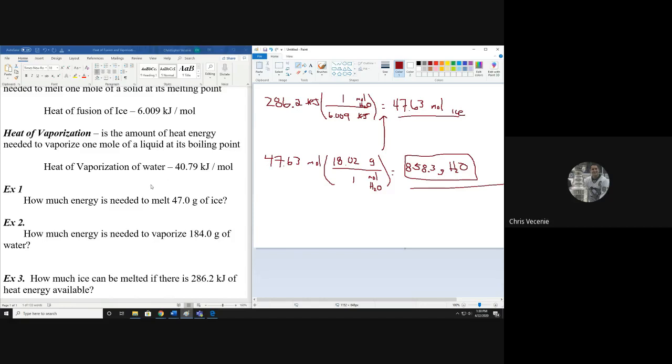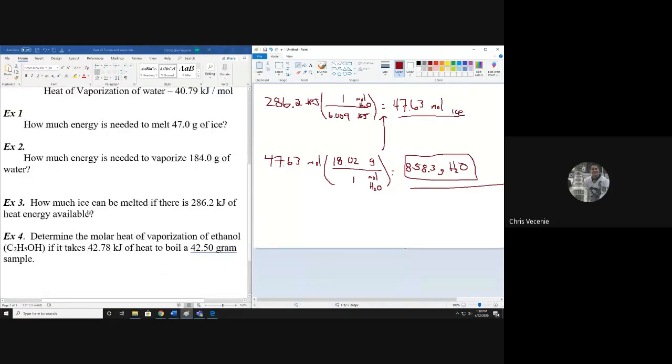All right, the last one I want to show you is how do we do this thing if they ask us for what this number should be? What is the heat of fusion? What is the heat of vaporization? So take a second and copy down number 4.